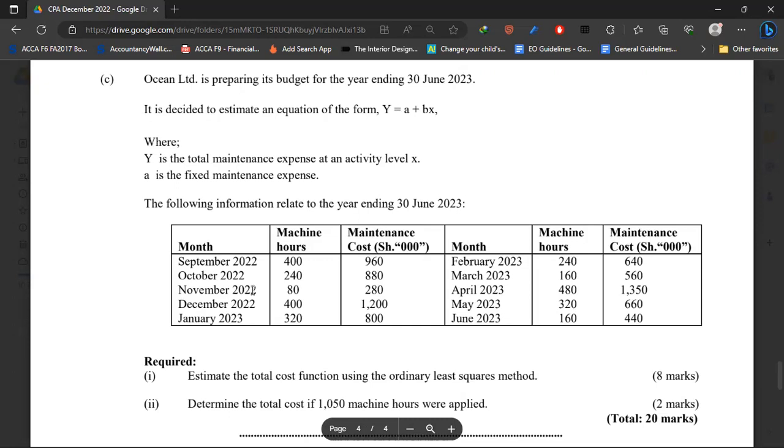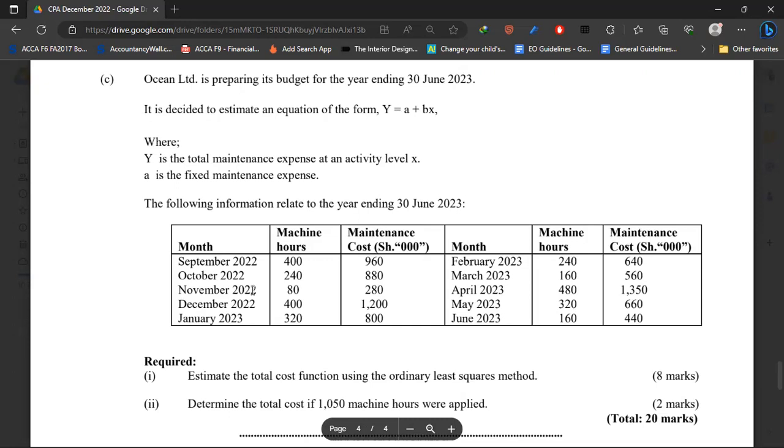Now, Ocean Limited is preparing the budget, and we are given two scenarios here. Our examiner was favorable because he was able to say our Y is the total maintenance expense at an activity level of X. So already we know our machine hours is our X and maintenance cost is our Y. The examiner has already defined the two.